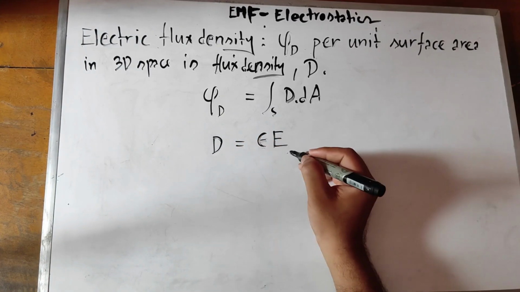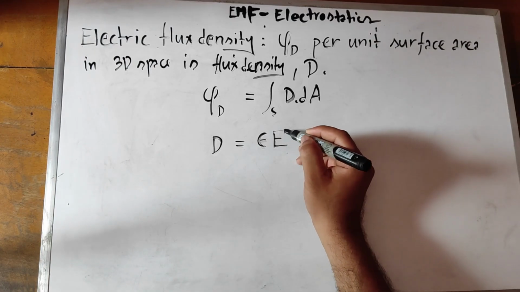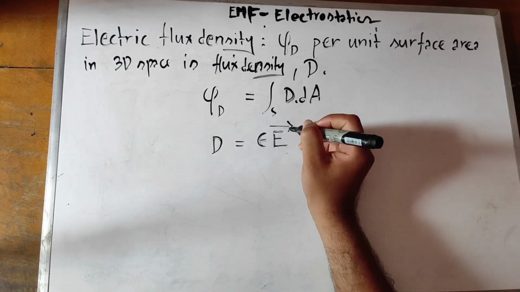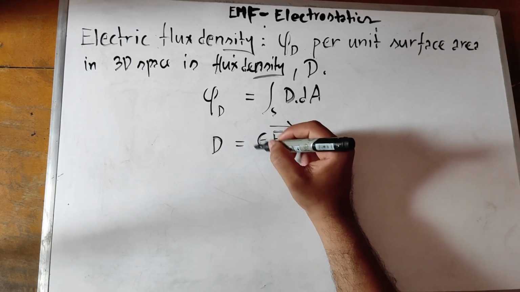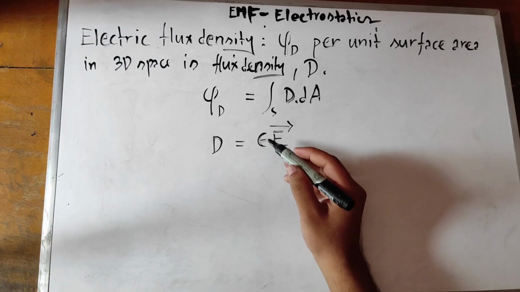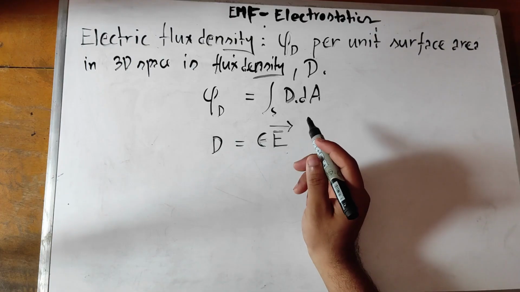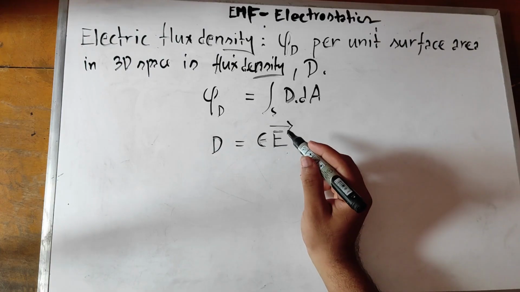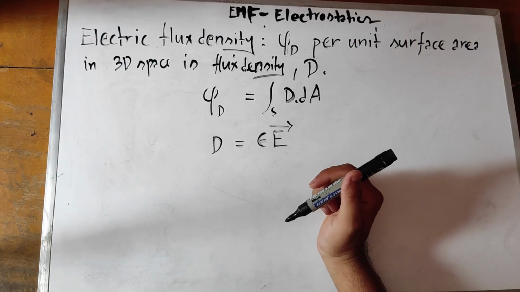So this is flux density, and this is electric field intensity or field strength, the actual force field. And epsilon is a quantity which describes the material or medium interaction with the field. Fields are fundamental, as I have told you beforehand. Fields exist even in vacuum, where there's no material or medium, so to say.